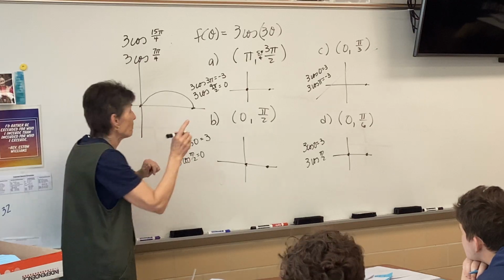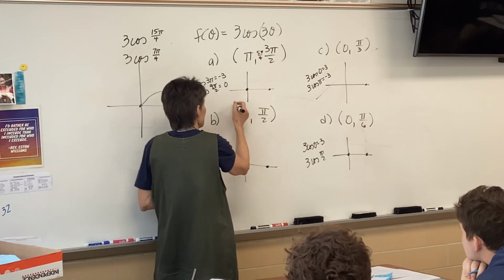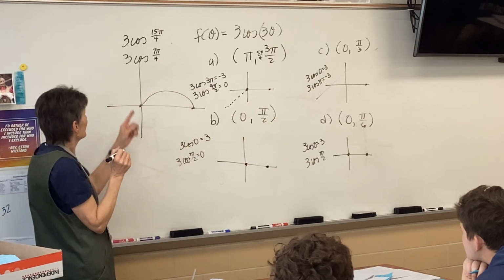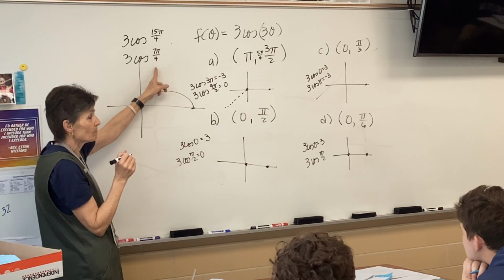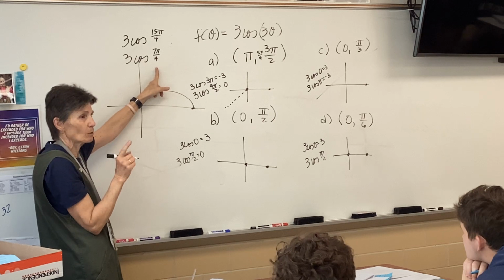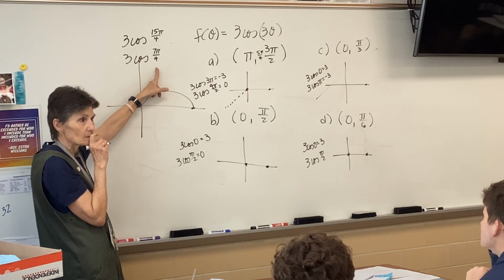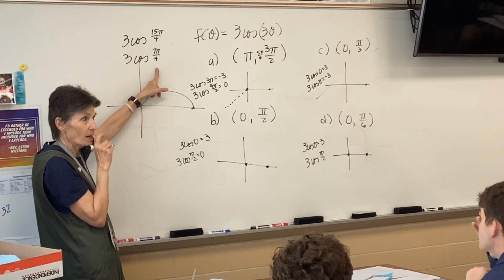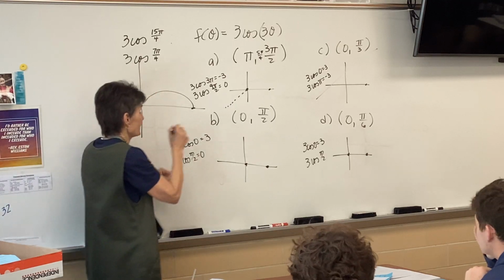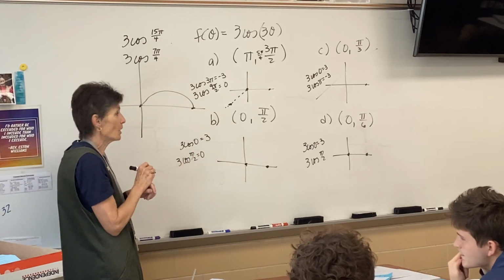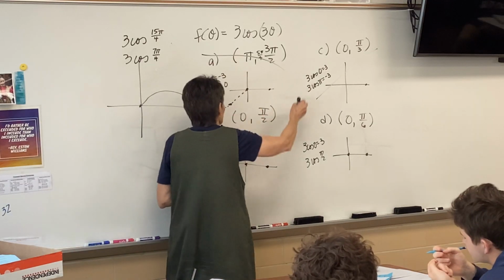Now, 5 pi over 4 is the number I plugged in, so I should be plotting right here. Is the cosine of 7 pi over 4 a positive number or a negative number? Positive. So it's gonna get plotted right here. Is that where I want it to be plotted? No, so it's not that one.